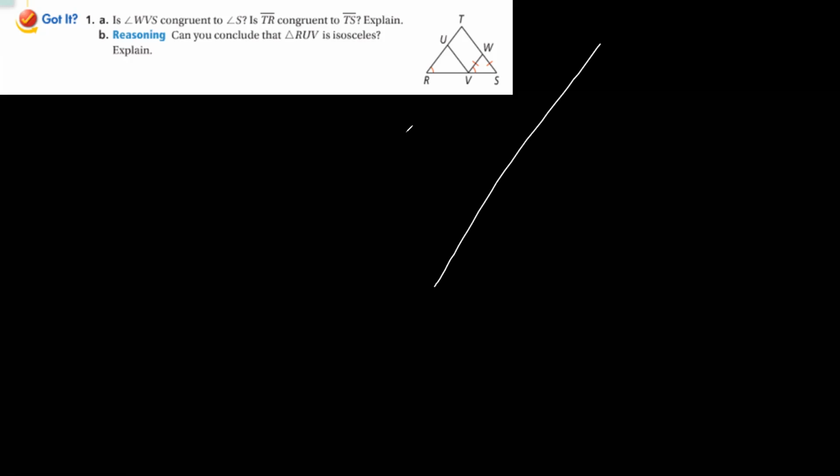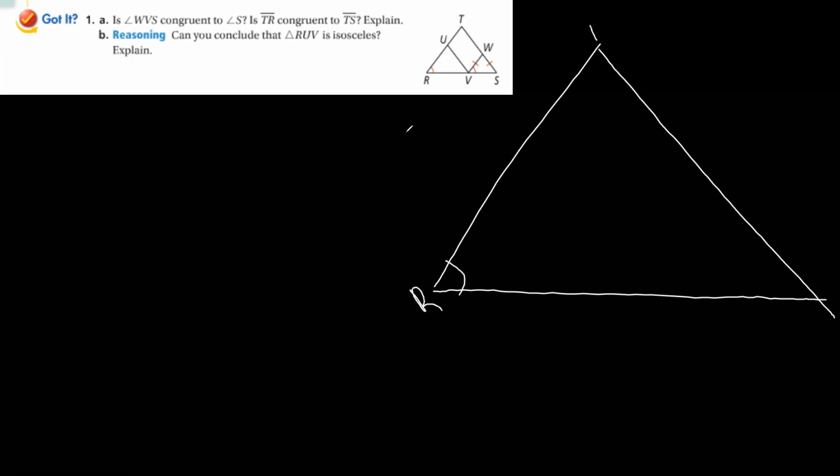Here you have this big triangle, R, T, and S. And there's another line segment here from V, cutting this side with W and this one with U. Its intersection is named F.